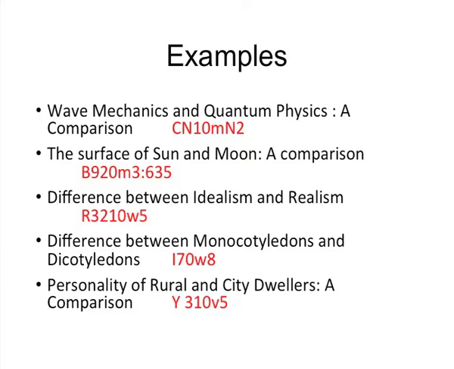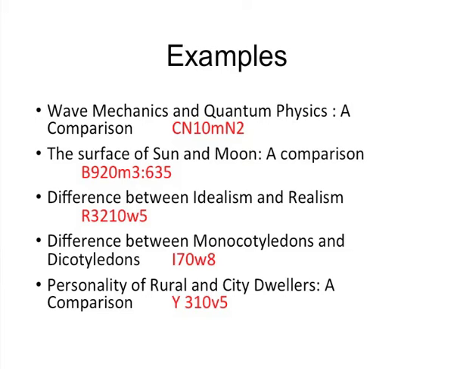Another example, the surface of sun and moon in comparison, the number becomes B 920 m 3 colon 635, because here surface is colon 635, whereas B 9 is astronomy and 2 and 3 are sun and moon.